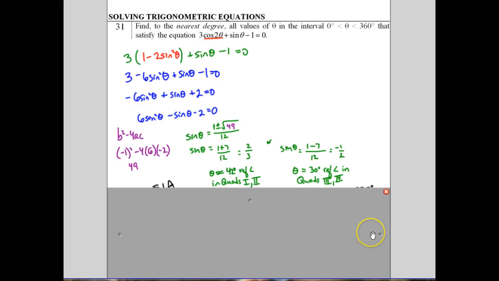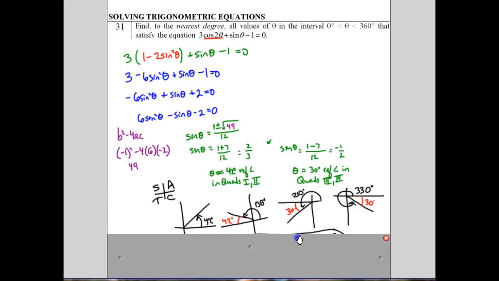Finally, I make my pictures. So, make out those sketches. We said in quadrant 1 and 2, I would have a 42-degree reference angle. Well, that's easy here. It's just itself, 42 degrees. In quadrant 2, the reference angle is red. Therefore, the angle in standard position is 180 minus 42 degrees.